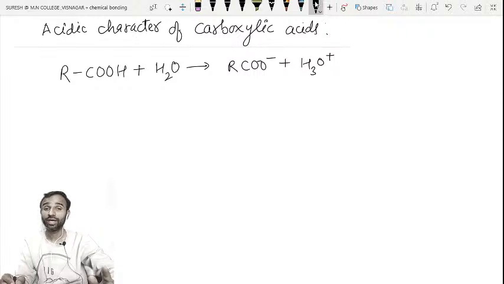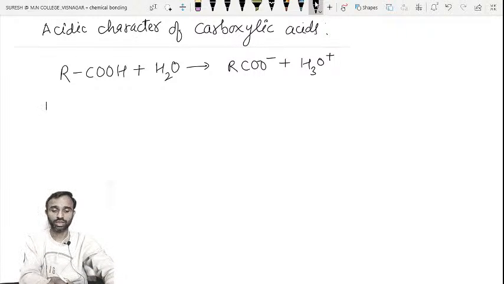Dimer is formed in aprotic solvents, which cannot give protons. So RCOOH in benzene forms a dimer, but if the carboxylic acid is in water, then ionization takes place. We get carboxylate ion along with hydronium ion.